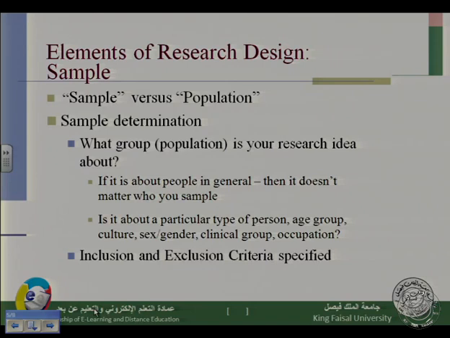Sample determination or sample selection. Yes, this is very important. You need to use an acceptable selection method. Sometimes it can be random, and you need to justify why you want a random sample. It's like you just select without any intention.